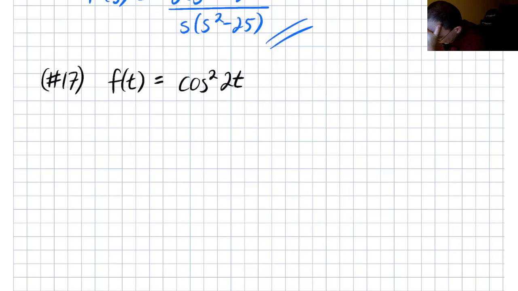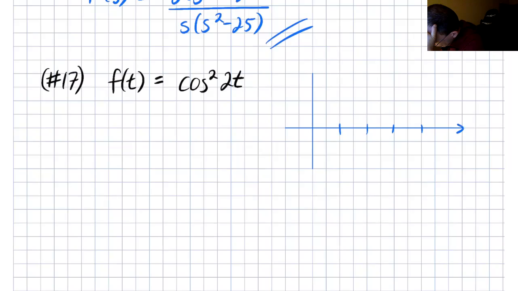Now the trig identity is going to be based on cosine squared. Now I did this another time and I didn't have a lot of luck with it, but let me try this again. So let's see. This will be pi over 2, pi, 3 pi over 2, and 2 pi.